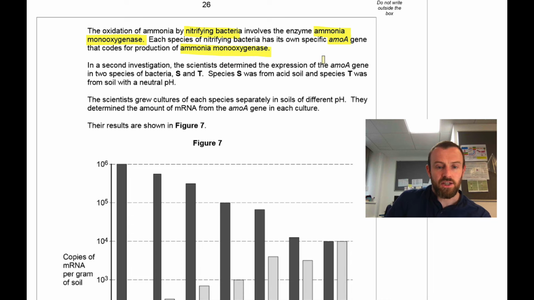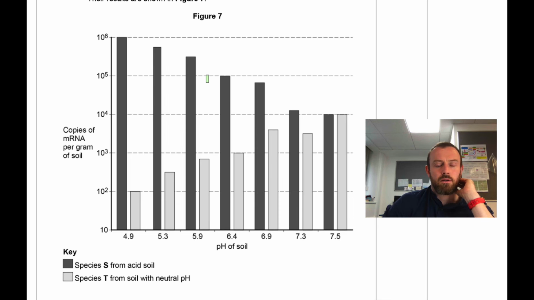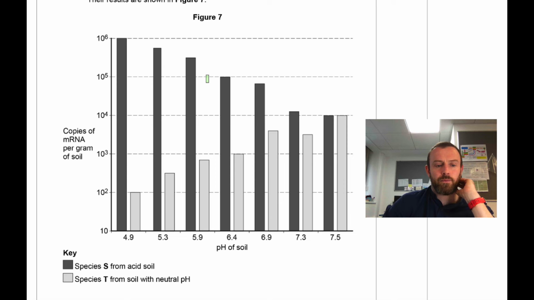In a second investigation, the scientists determined the expression of the AMO-A gene in 2 species of bacteria, S and T. Species S was from acid soil, highlight that, and T was from a soil with neutral pH. The scientists grew cultures of each species separately in soils of different pH. They determined the amount of mRNA from the AMO-A gene in each culture. What on earth is this? Okay, so copies of the mRNA per gram of soil.